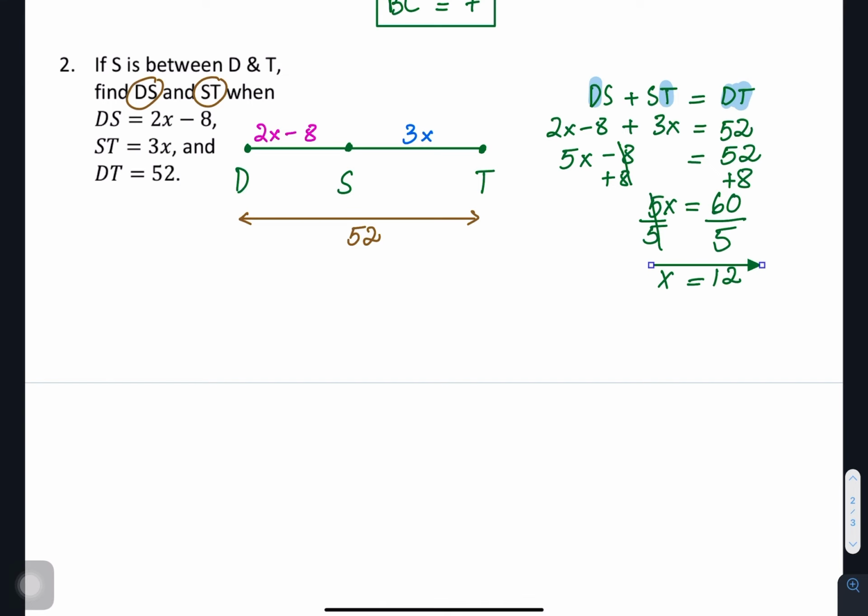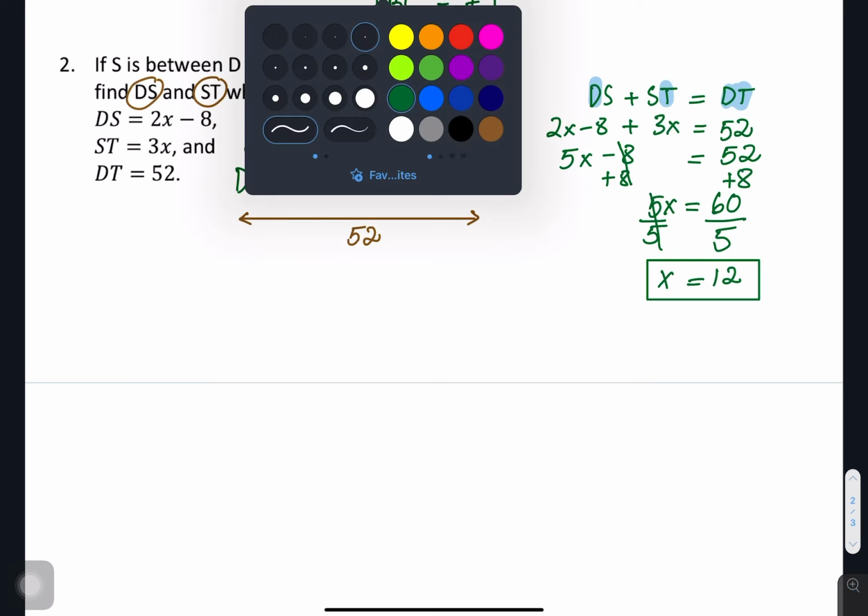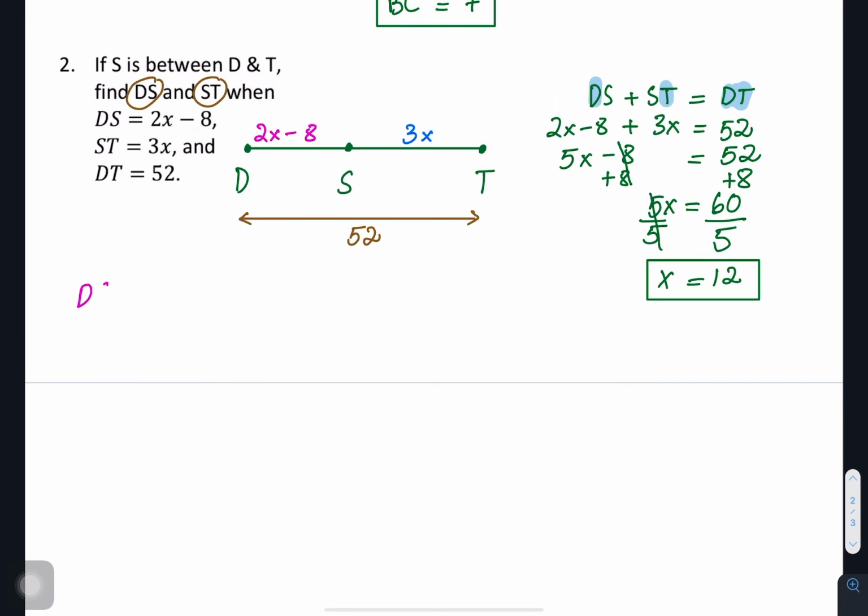Are we done yet? Nope, we're not done yet. They're asking us to find DS and ST. I know that DS equals 2x minus 8. So what do you think we have to do? We know x is equal to 12. How can I find DS?